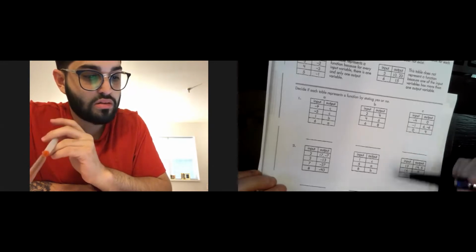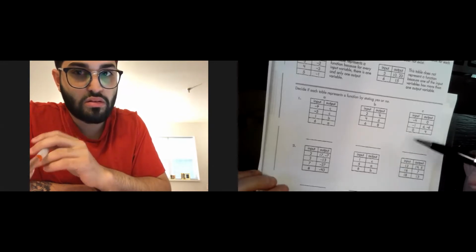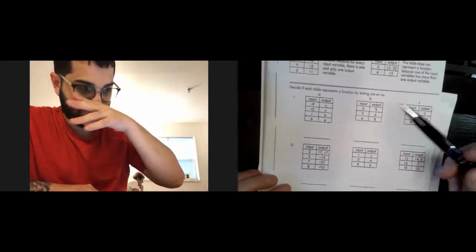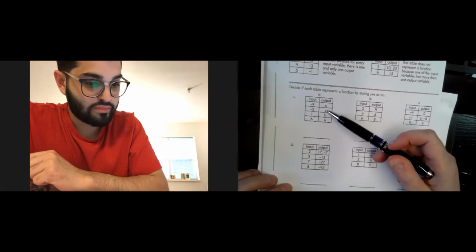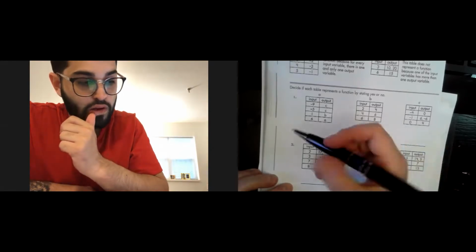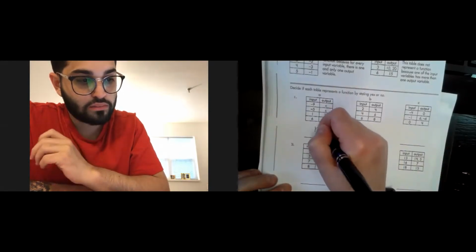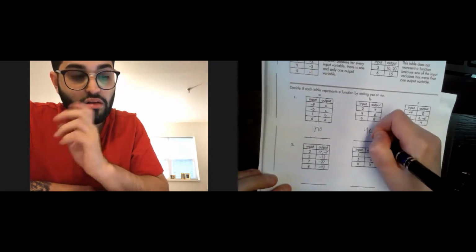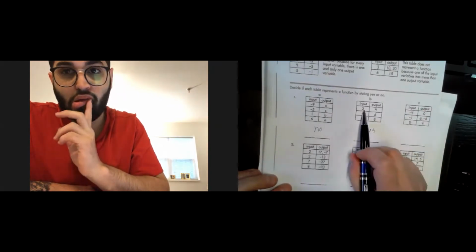And interestingly, in none of these does x repeat. So what happens is here, this is not a function because we have no idea what these mean. So that's a no. The second one, I think, is a yes. And you can see the pattern.